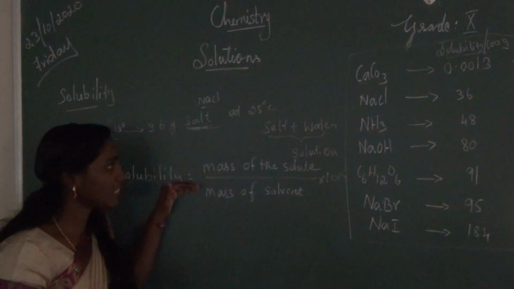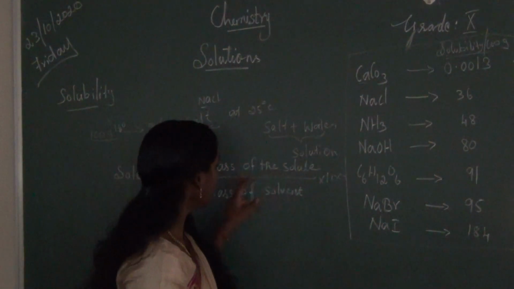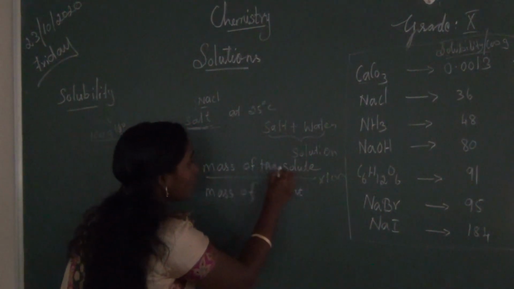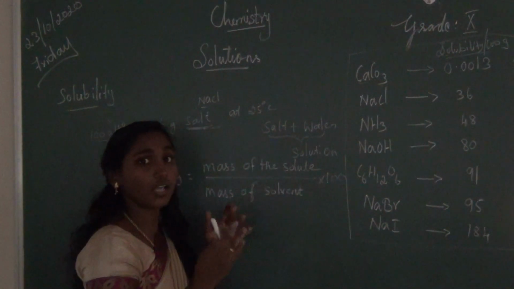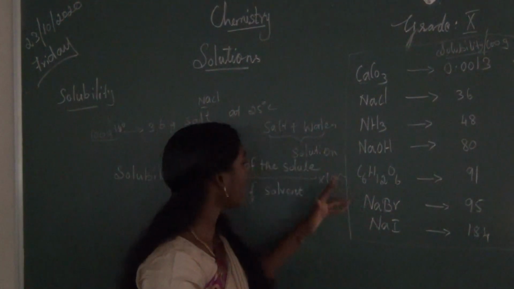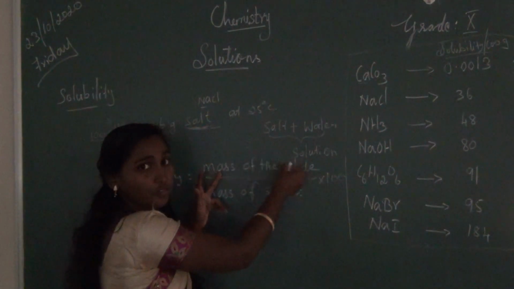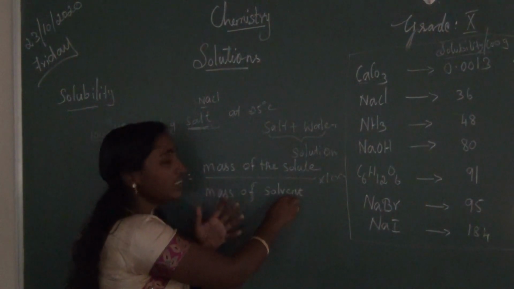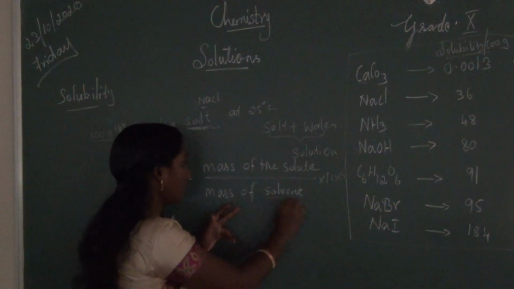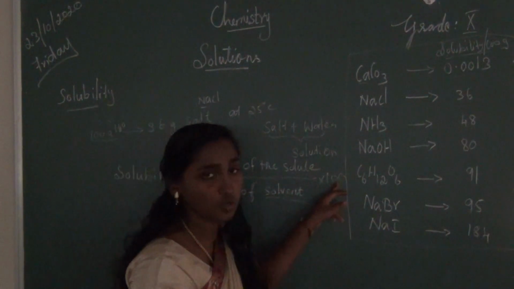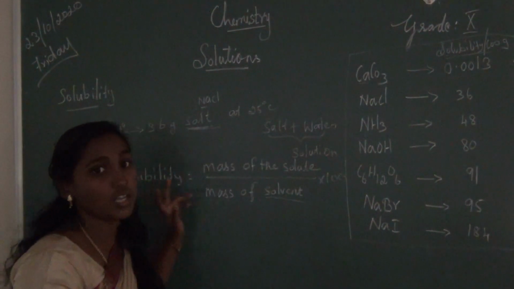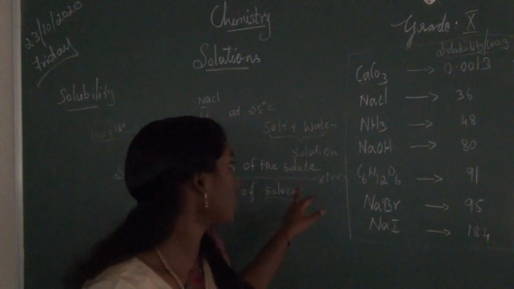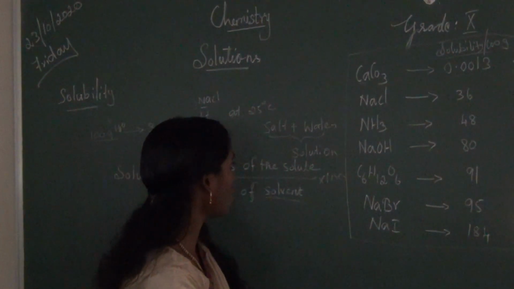The mass of the solute may be salt or sugar, the weight of the salt, and the mass of the solvent is how much water we are going to take, the liquid. So solubility is equal to mass of the solute divided by mass of the solvent into 100. Have you understood the solubility formula?